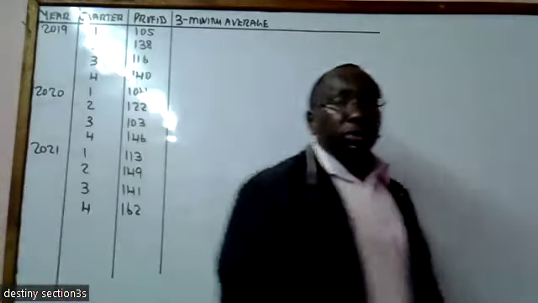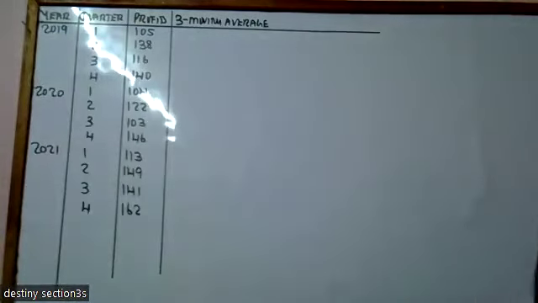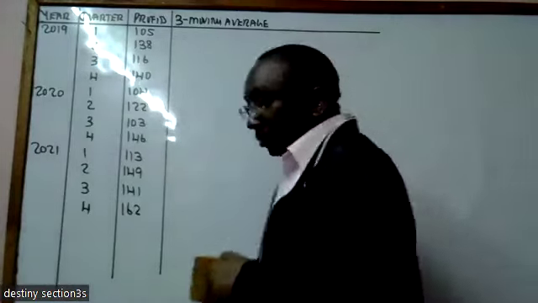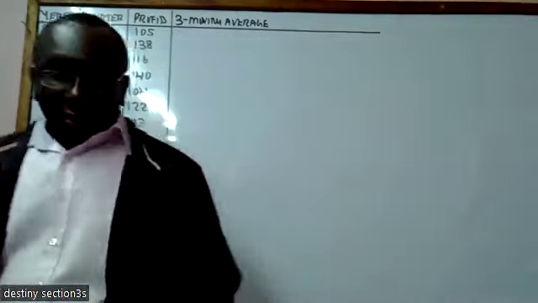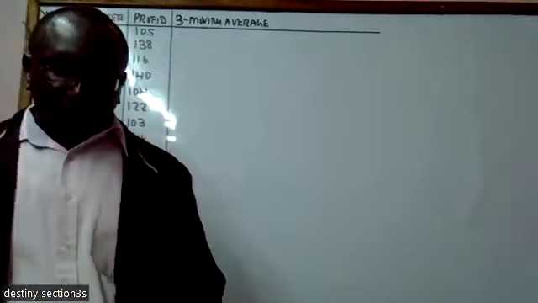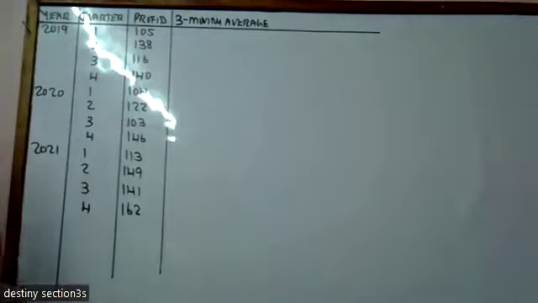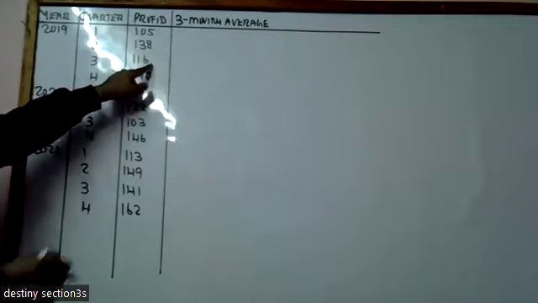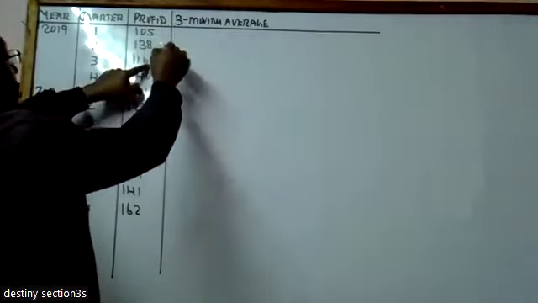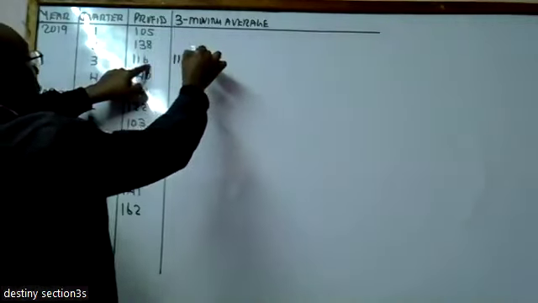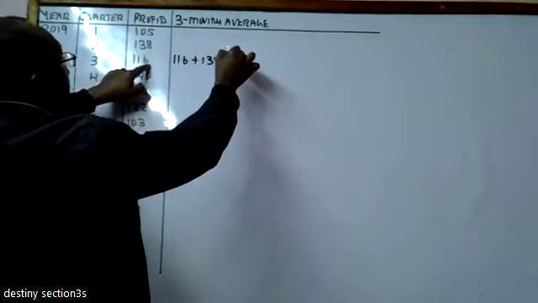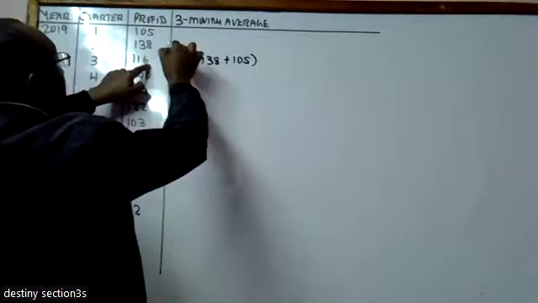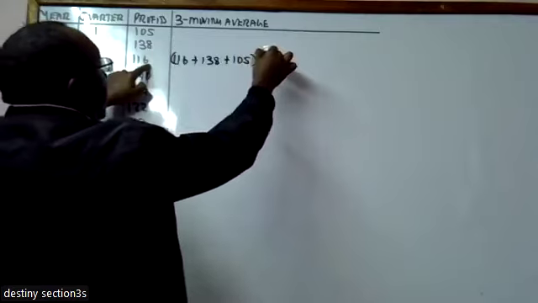If you are told to do three moving averages, you simply count 1, 2, 3. You start there: 116 plus 138 plus 105, you divide by 3.